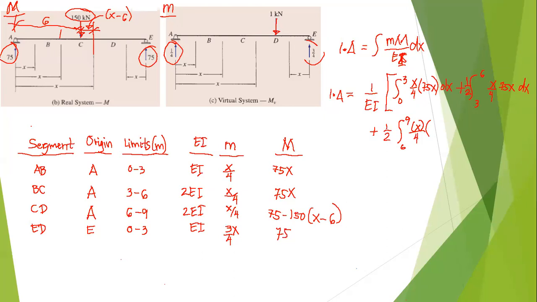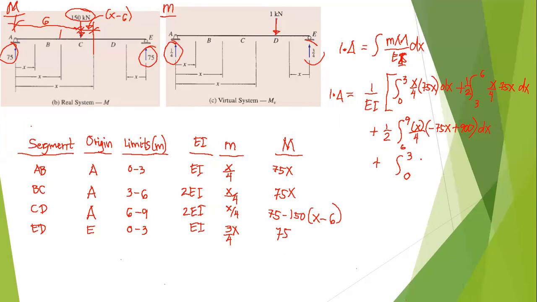If you simplify this expression, this becomes negative 75x plus 900, times dx. Plus the component for segment ED, evaluated from 0 to 3.